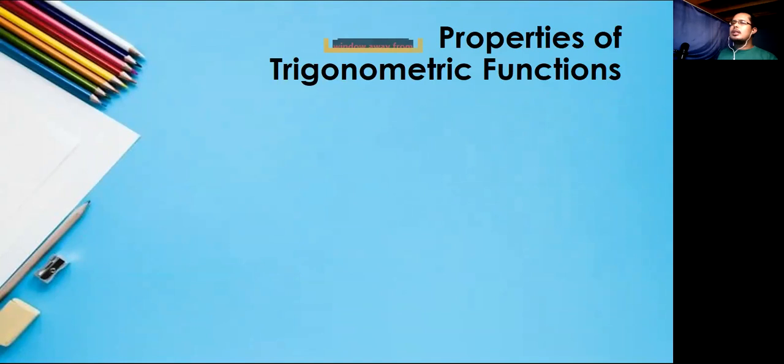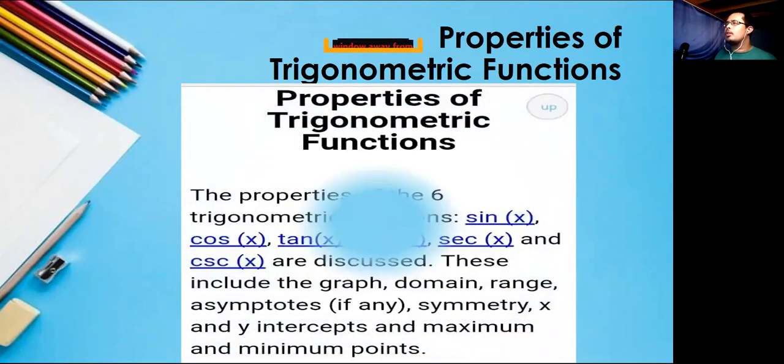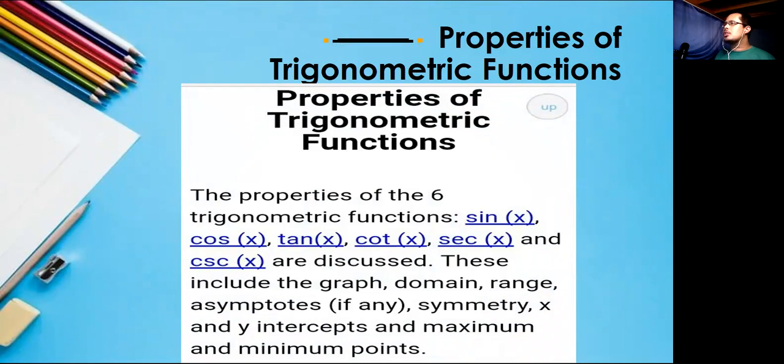Properties of trigonometric functions, as we recall, include the graph, the domain, the range, asymptotes, if there are any, the symmetry, x and y intercepts, and the maximum and minimum points.